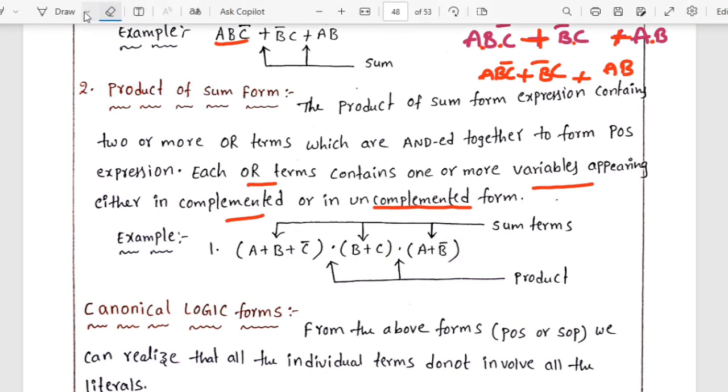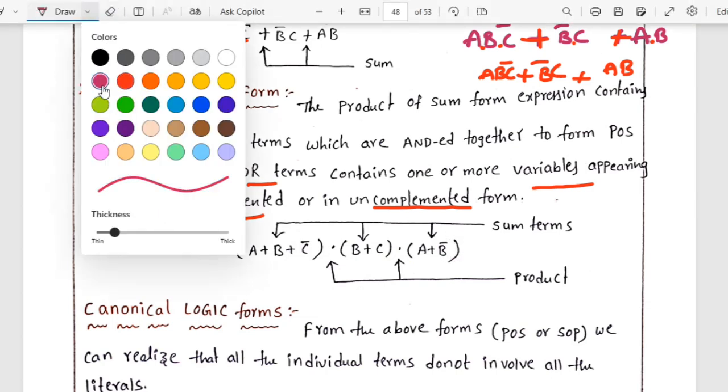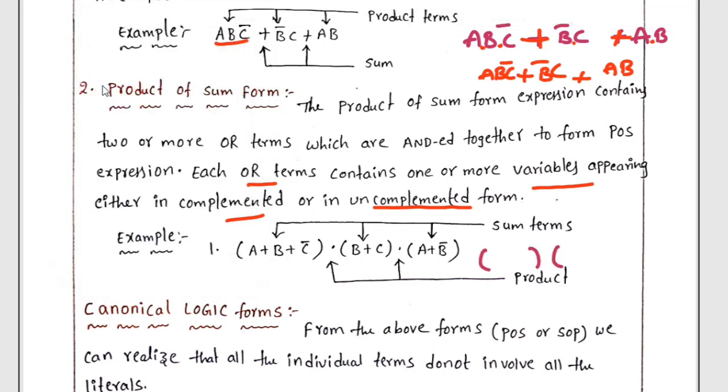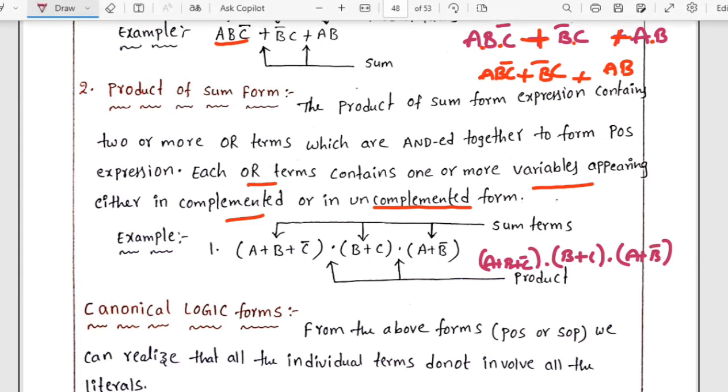Now we are talking about product of sum. Product of sum means take a product here, and a product here, and a product here, and this is nothing but the AND relation. So product of sum is nothing but A plus B plus C bar, which is a sum, and A plus B bar, which is a sum.